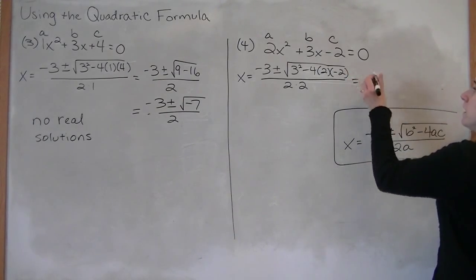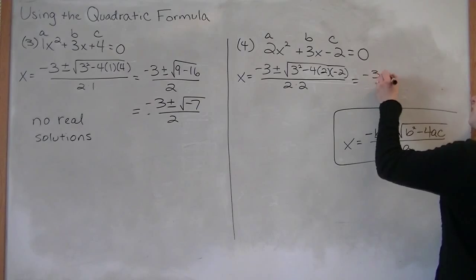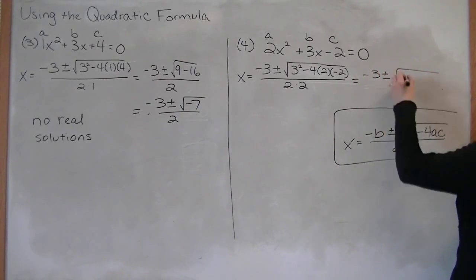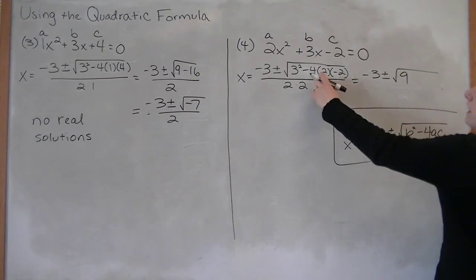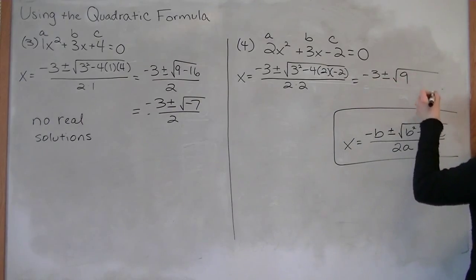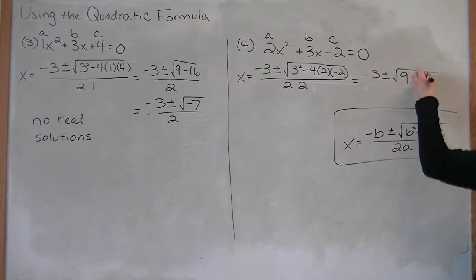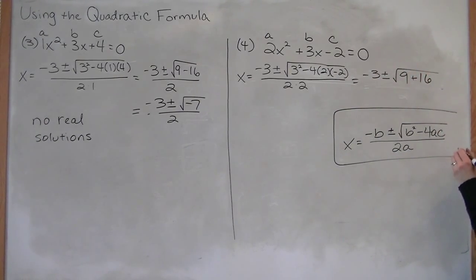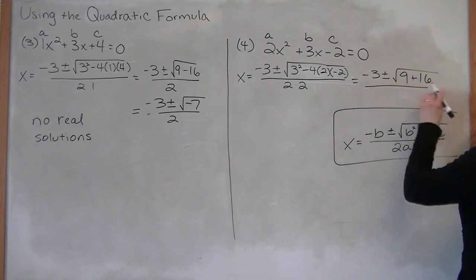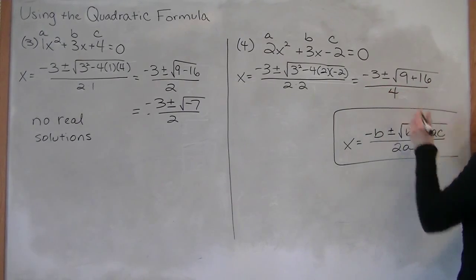Okay, now let's simplify. So 3 squared is 9, minus 4 times 2 times negative 2 is actually going to give me plus 16 because I have a negative times a negative, and that's all going to be over 4.